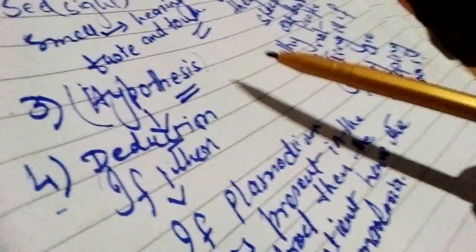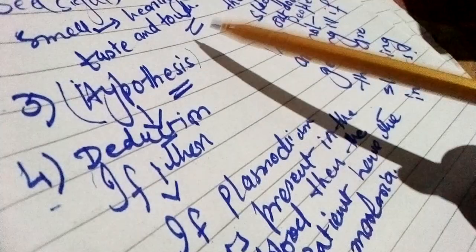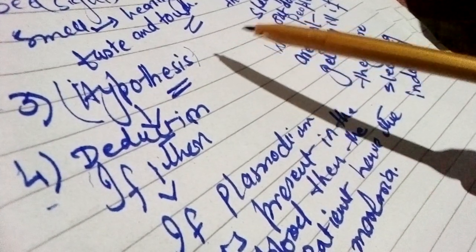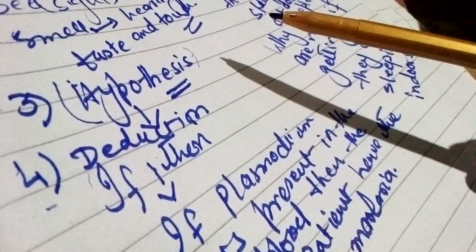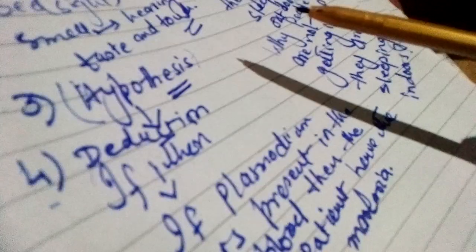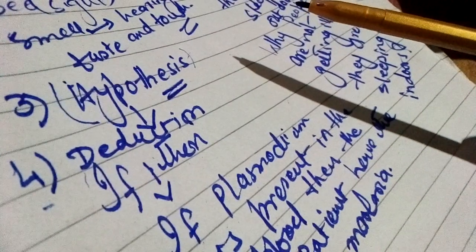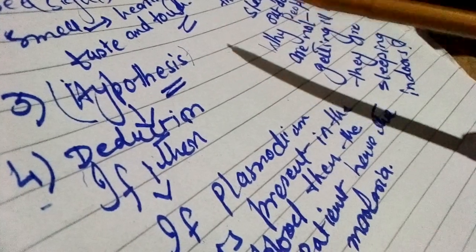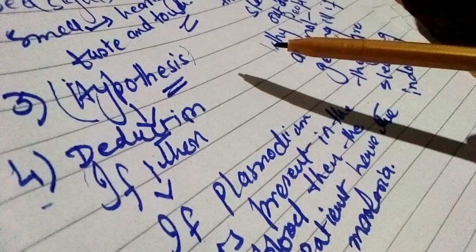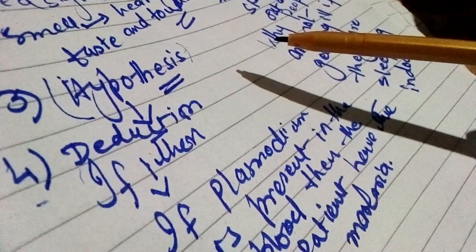So when we see a hypothesis, it should be a tentative idea, it should agree with available observations, it should be kept as simple as possible, and it should be testable and feasible. Because it is going to be tested, it's basically a statement.